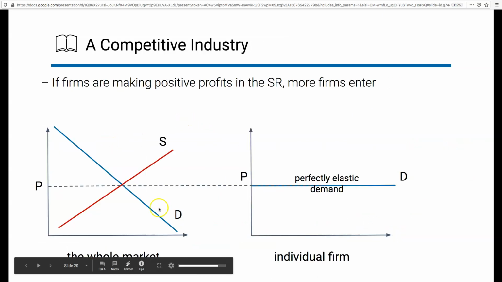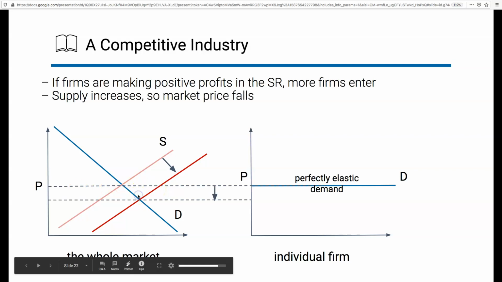So let's go back to the original picture, the whole market versus the individual firm. Now, if firms currently are making positive profits, more firms enter, and so at the whole market level, more firms means larger supply. So supply increases, but that will affect the price, because with larger supply, price has to go down.